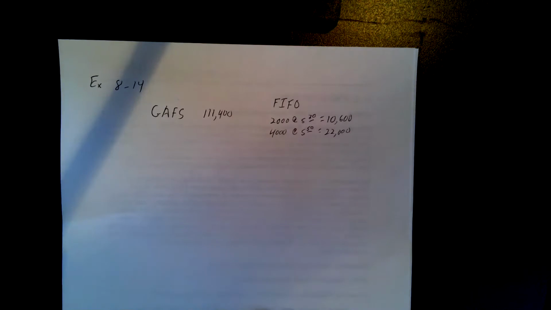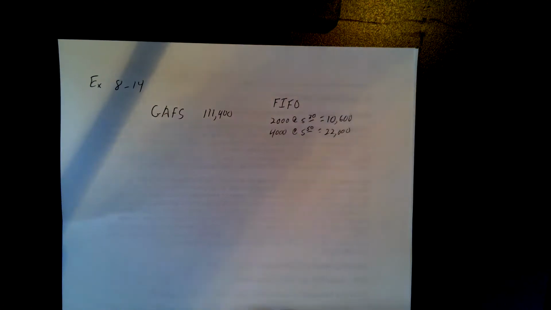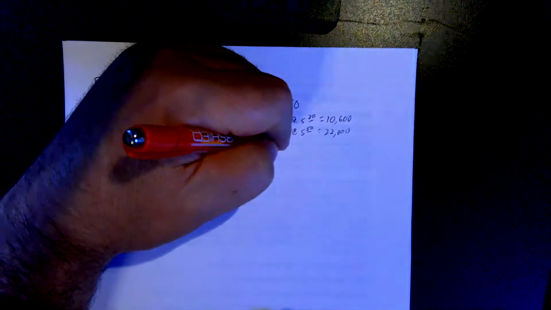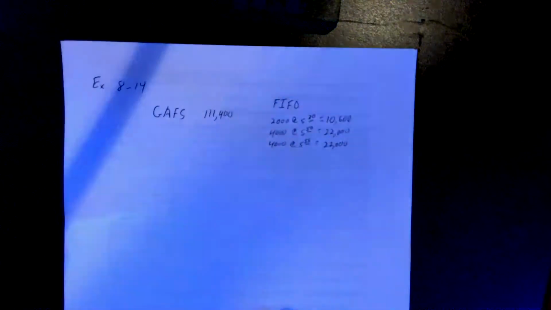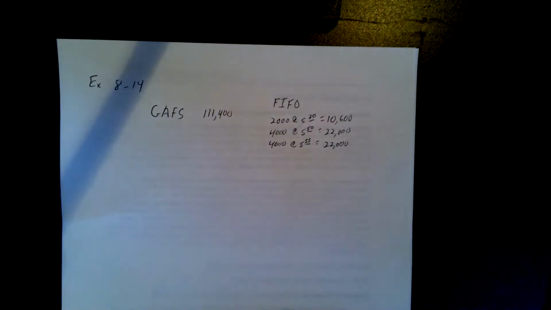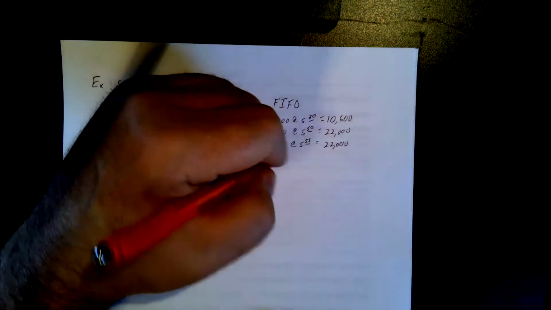Okay, the next one that we go down to, we sold 7,000 units. And so we're going to take the oldest ones. That'll be the 4,000 remaining from the 8,000 purchase, that's 22,000. And then we purchased 6,000, so we need 3,000 of those.